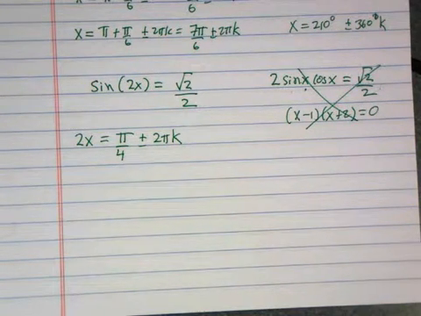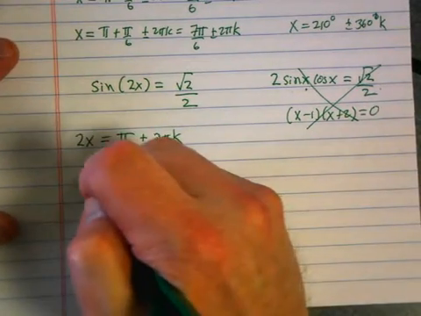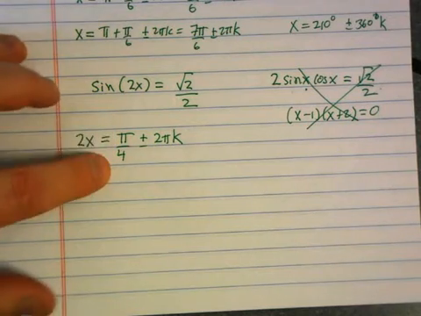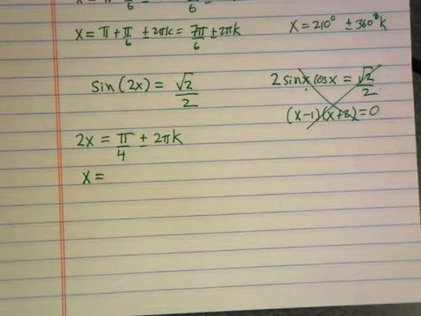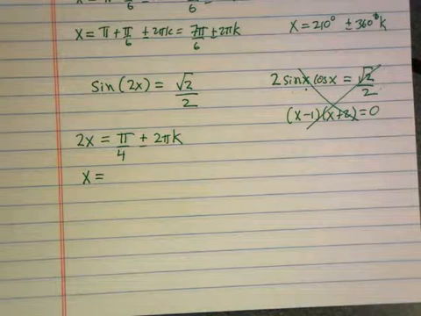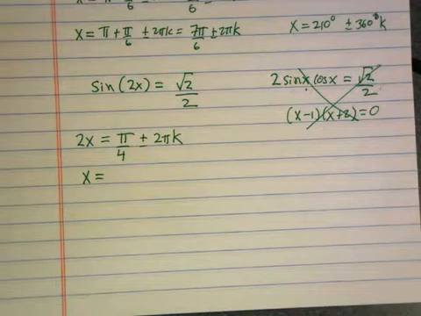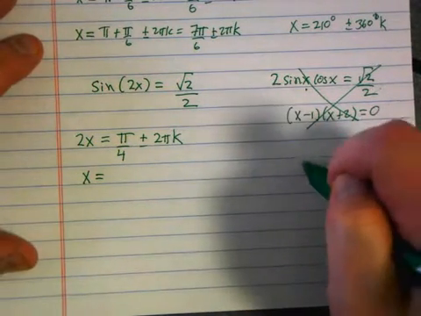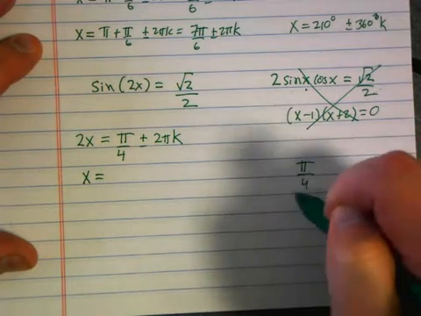But then I need to get the x all by itself. How do we get the x all by itself? Divide by 2. So x is, what's pi over 4 divided by 2? Pi over 8, because I have to take pi over 4 and divide it by 2.